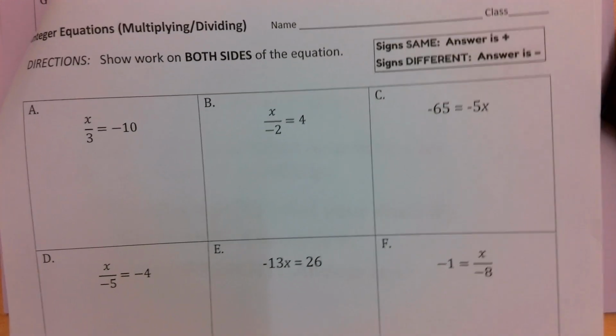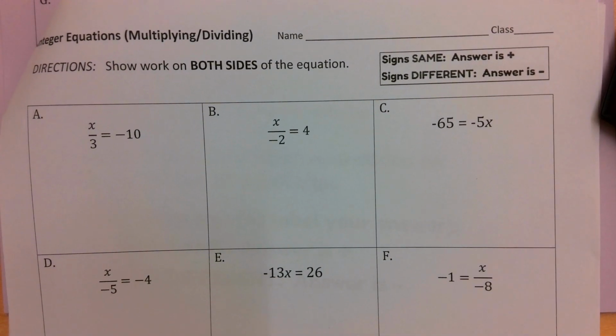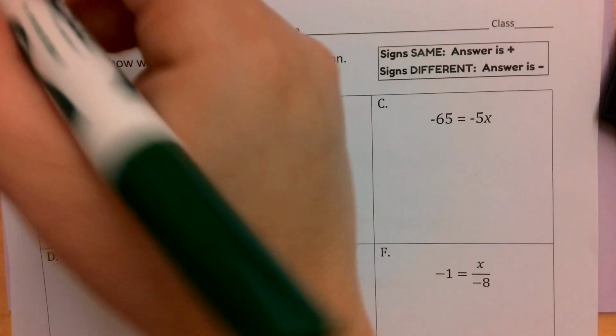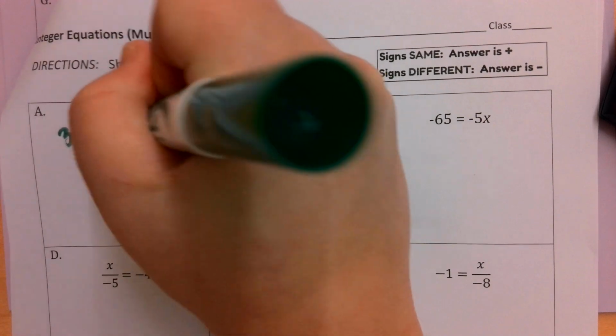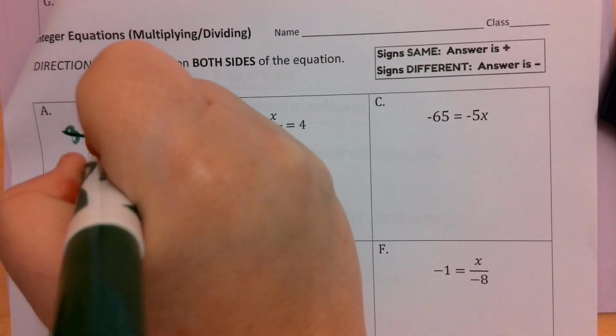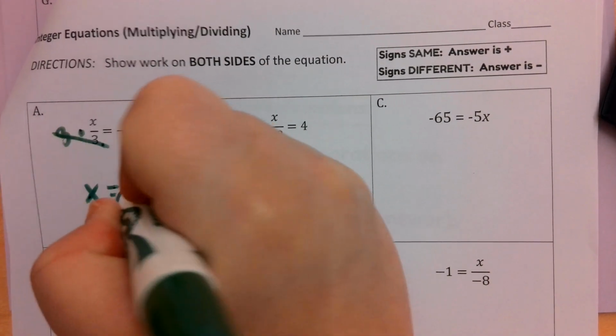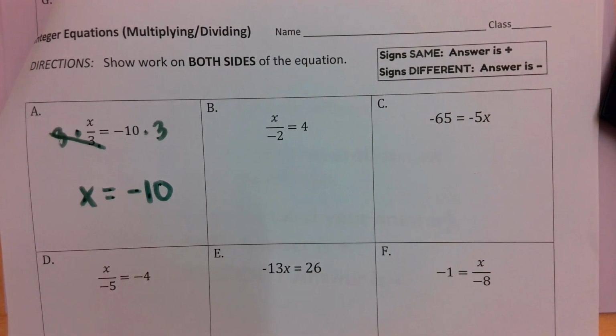All right, let's practice. Number 1, I want you to try on your own first. All right, let's see how you did. Times by 3, times by 3, cross it out, x equals negative 10.